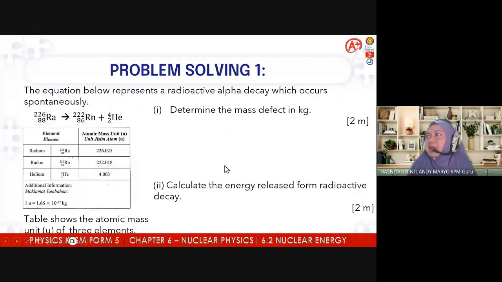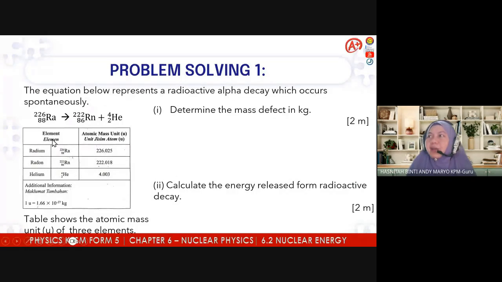Look at equation number 1, students. You are given this equation to represent radioactive alpha decay which occurs spontaneously. So we have radium 226 decaying into radon 222, and this process releases helium, or alpha.